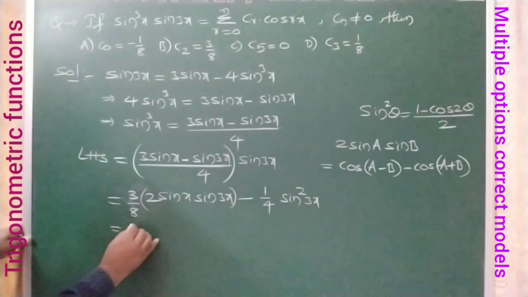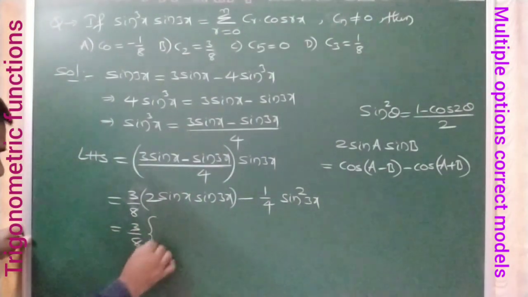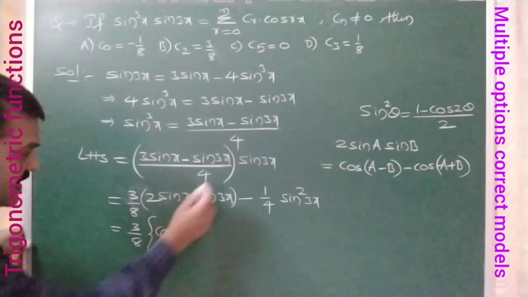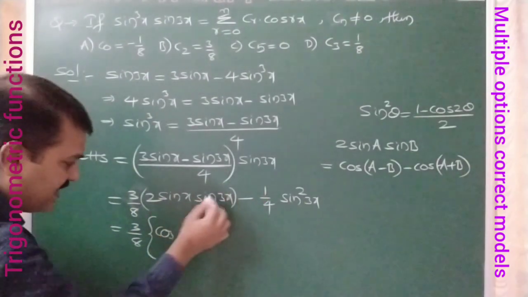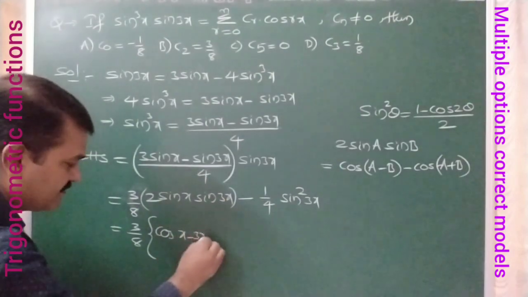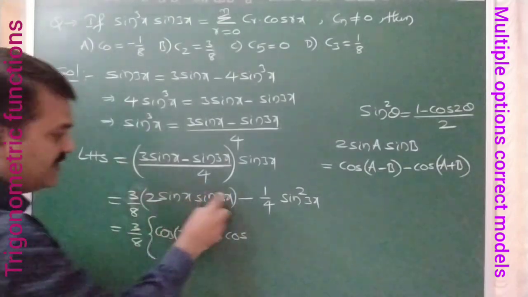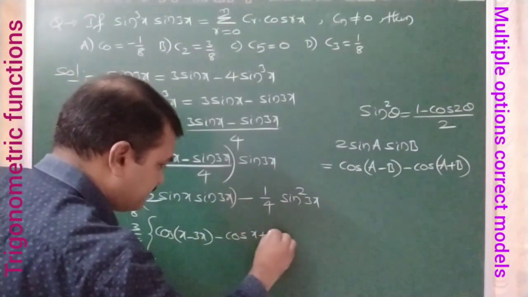Okay, so 3 by 8, 2 sin A sin B gives cos of A minus B, that means x minus 3x, minus cos of A plus B, that means x plus 3x.